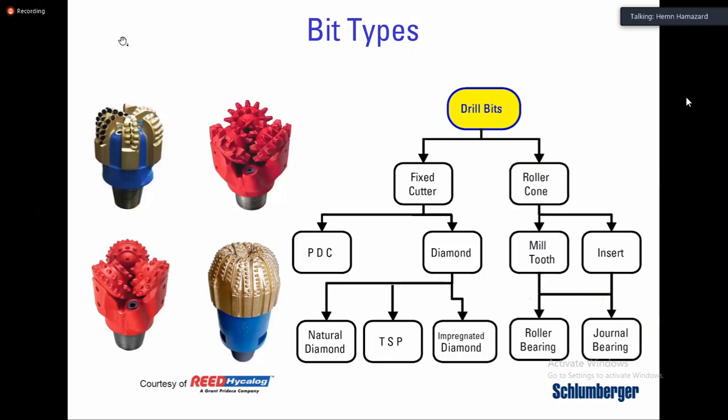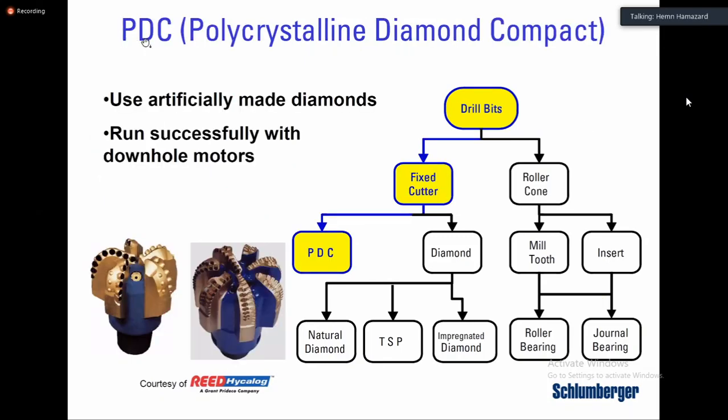If we talk about PDC bits, PDC stands for polycrystalline diamond compact. They use artificially made diamonds; it has some diamond in its composition, but it's artificially made. Most of the time we use PDC bits.